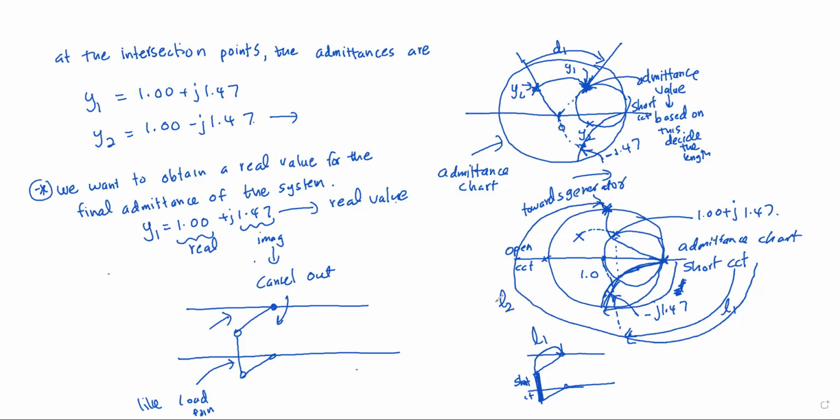The L2 value will be higher than the L1 value. Another L2 value will be obtained for the Y2 admittance and its solution. Based on that, you will get another set of solutions for the second stub calculation.